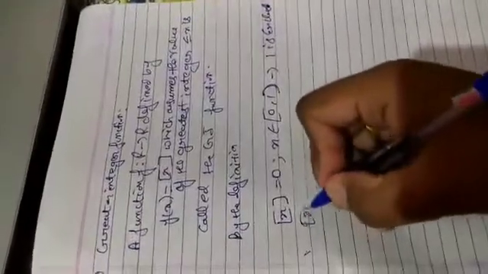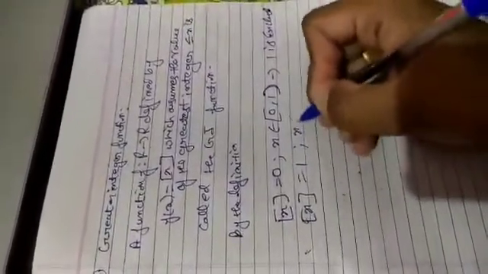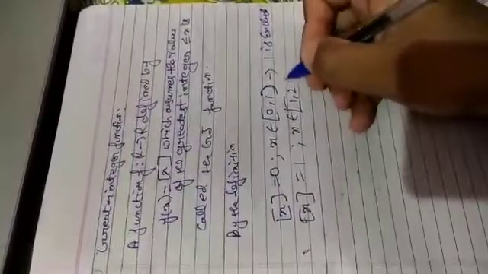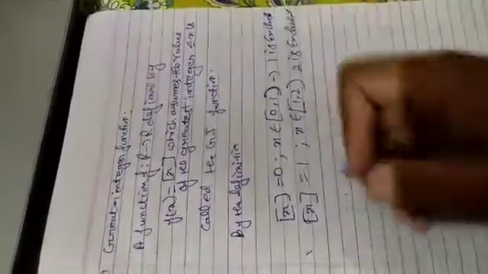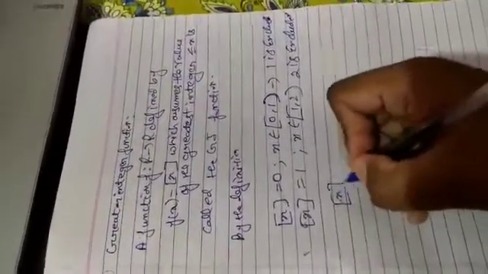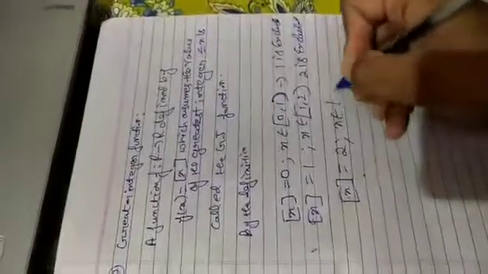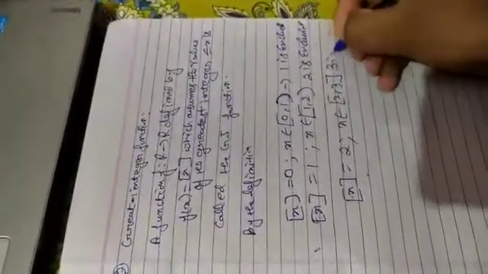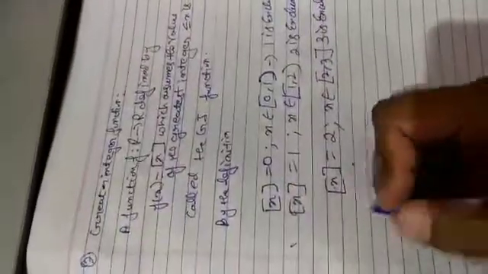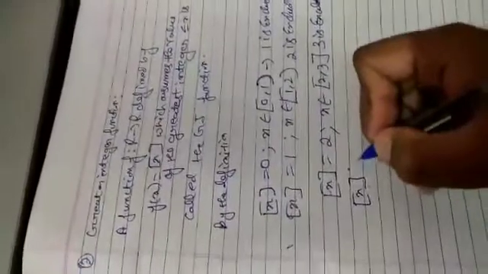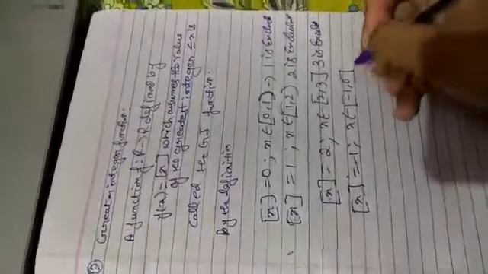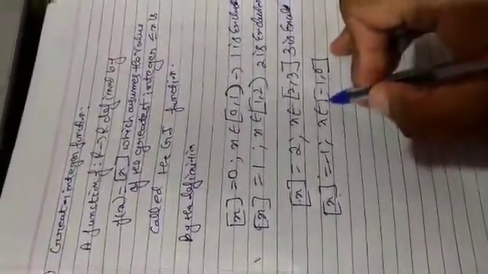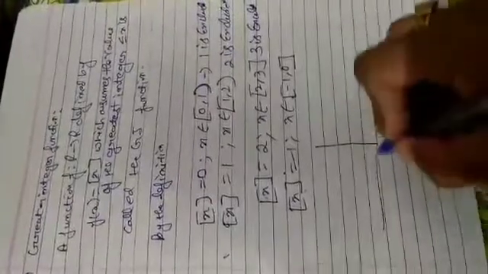Now if we take -1, x belongs to [-1, 0), in this 0 will also be excluded.